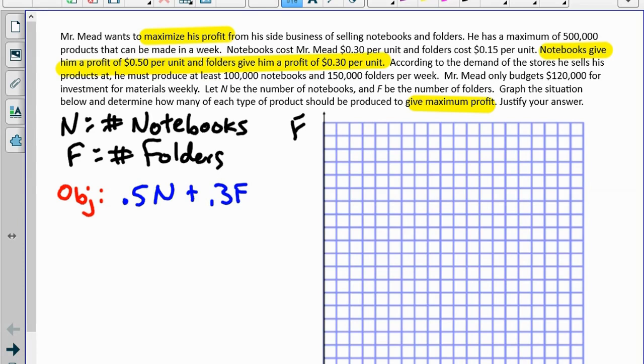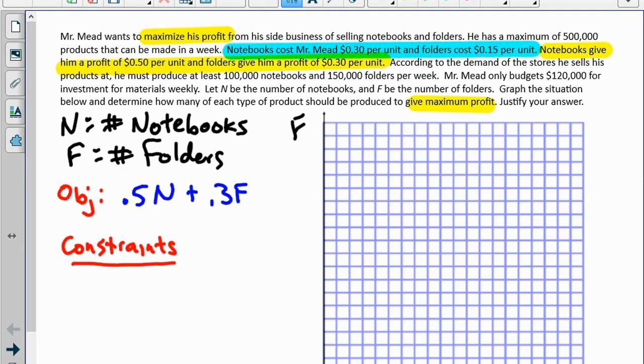The next thing we want to do is write our constraints. So let's see what kind of constraints we have here. The notebooks cost 30 cents per unit and the folders cost 15 cents per unit. Those costs actually matter because Mr. Mead only budgets $120,000 weekly.